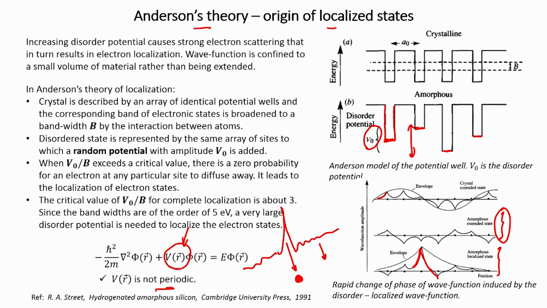Therefore, the electrons could be thought of as particles that remain trapped inside these states, and they are not available for conduction in the material. All this is a direct consequence of the disorder of this potential crossing a certain threshold. That is what Anderson's theory tells us.